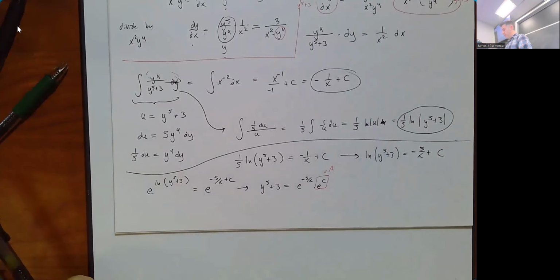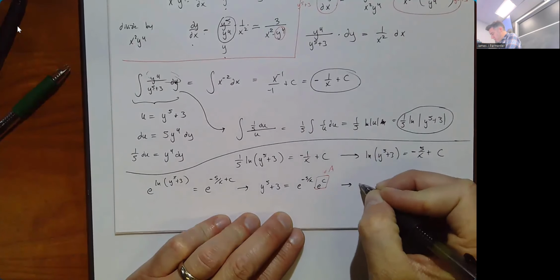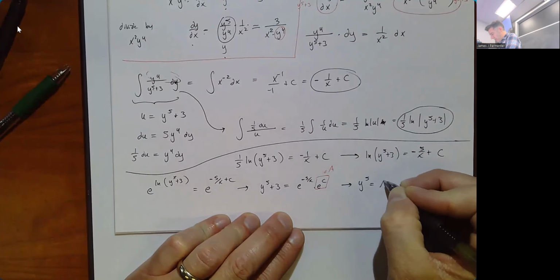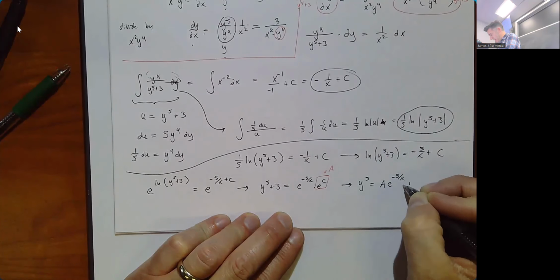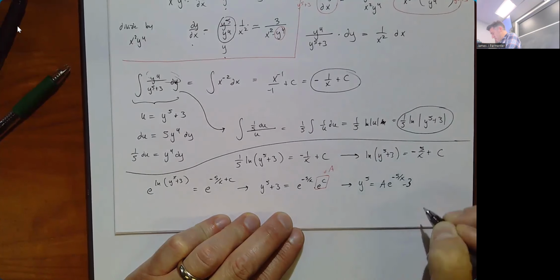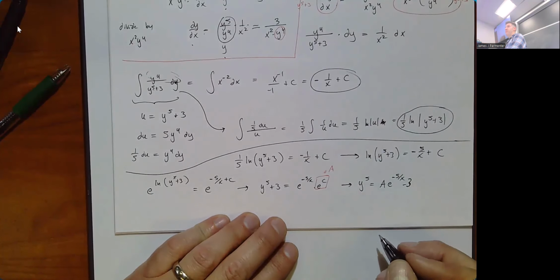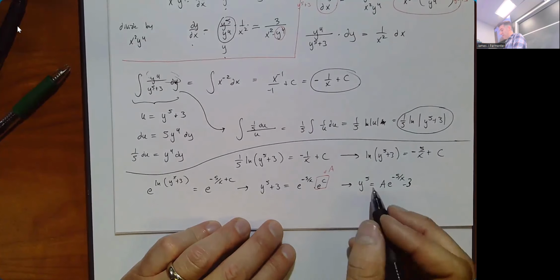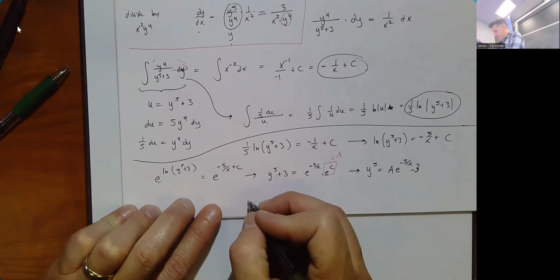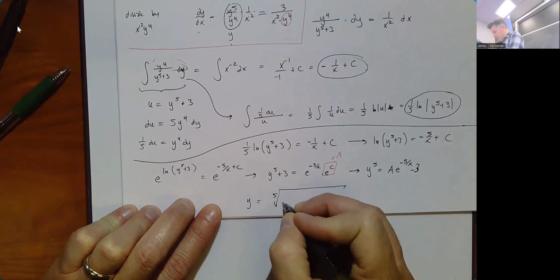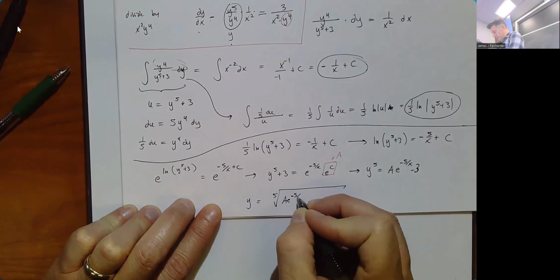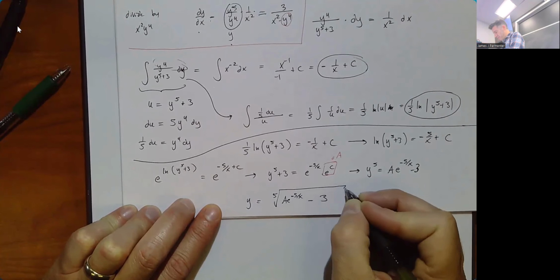So then subtracting 3 from both sides, we have y to the 5th equals a times e to the -5 over x minus 3. Sorry, I started to write plus and fixed it at the very last second. And then finally, take the 5th root of both sides to get y equal to the 5th root of a e to the -5 over x minus 3.